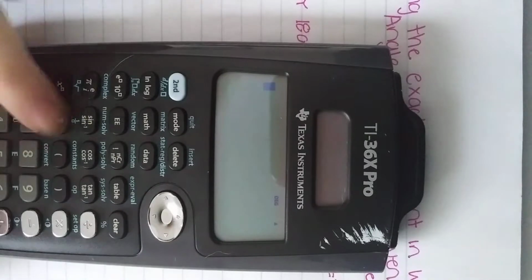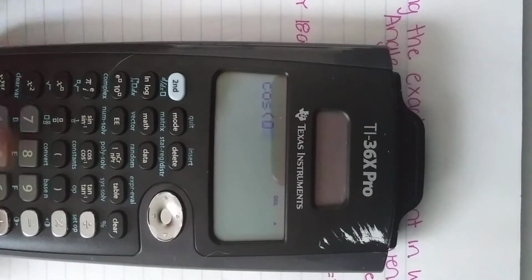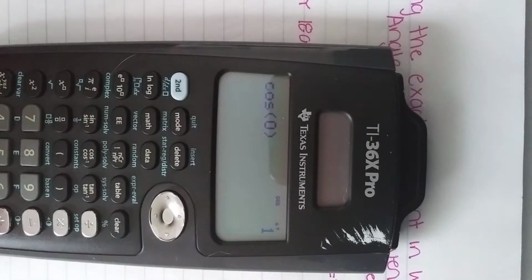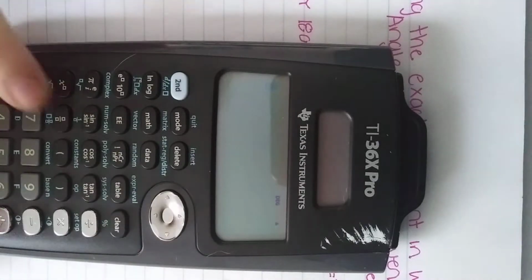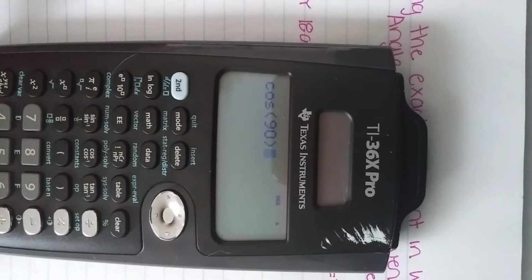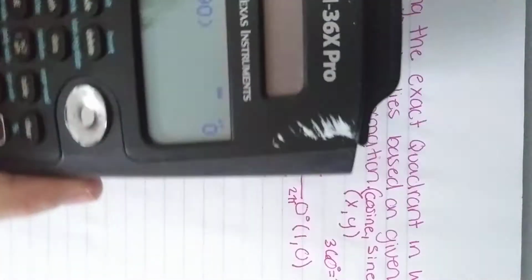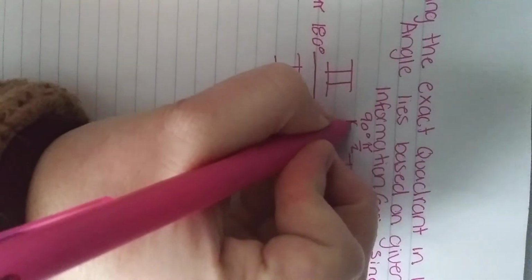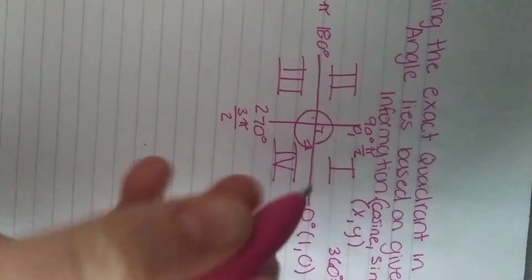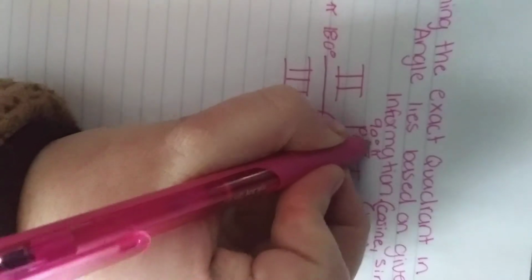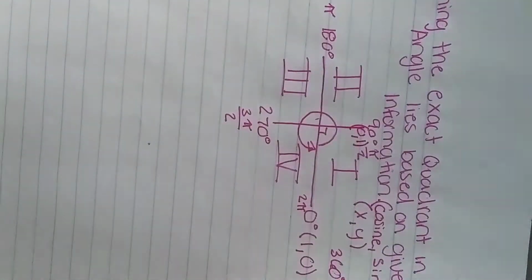And we can do that on our calculator as well. Cosine of 0 equals 1. And let's see, cosine of 90 degrees equals 0. So right here, we're at 0, and I know this already, but sine of 90 degrees is 1. But you can find all those on your calculator.